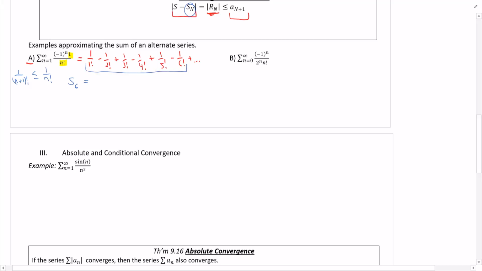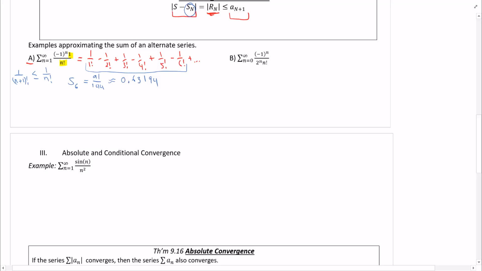So you get a calculator and you add up 1 minus 1/2 plus 1/3, and so on. If you do that, what you're going to get is 91 over 144, which is approximately 0.63194. You can just do that on a calculator.